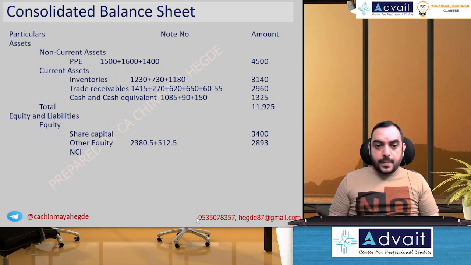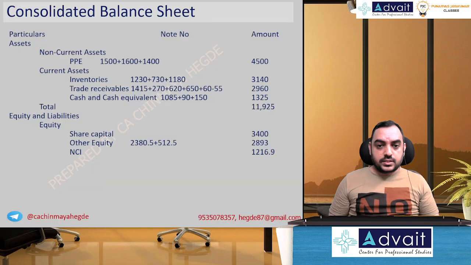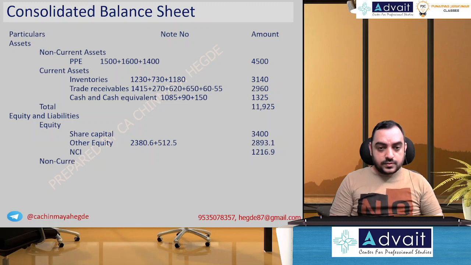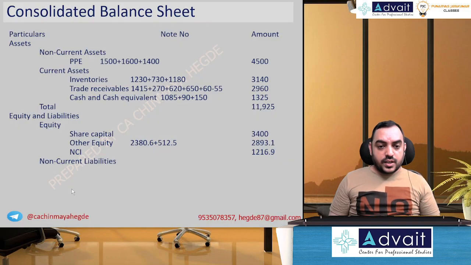NCI, as per working notes, 1216.9. Okay, so non-current liabilities. Do we have anything? Nothing. Non-current liabilities, we have only trade payable, bills payable. Okay, so current liabilities.